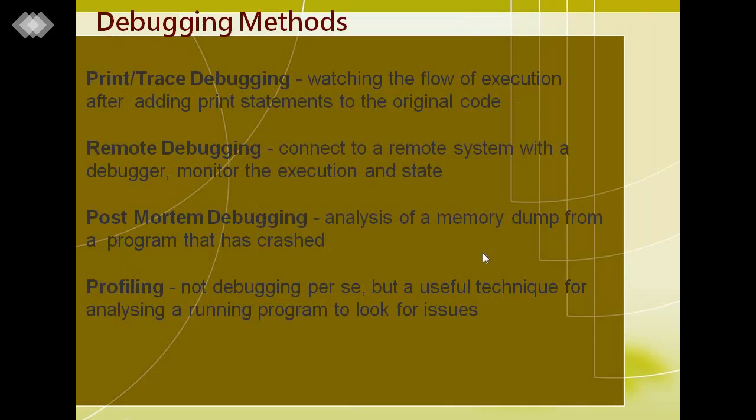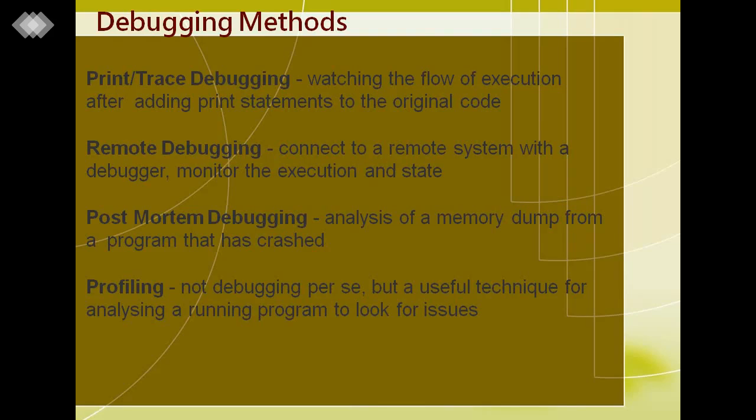Now, debugging methods. The first method is print or trace debugging, watching the flow of execution after adding print statements to the original code. Remote debugging is to connect to a remote system with a debugger and monitor the execution and the state.